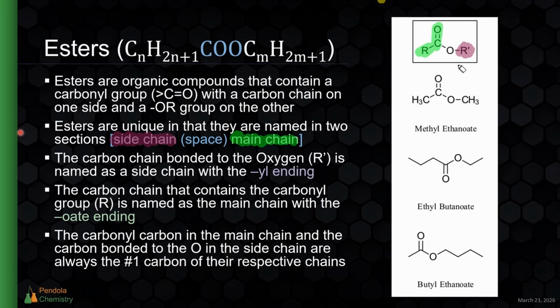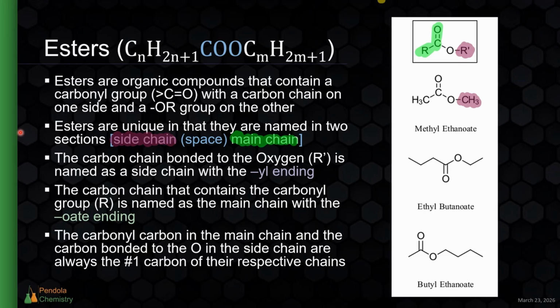All right, the OR part and the carbonyl part. So we're going to name this separately. First, we're going to name the side chain as if it was a side chain. So we're going to look at that chain attached to the oxygen, and we're going to name it using a YL ending.